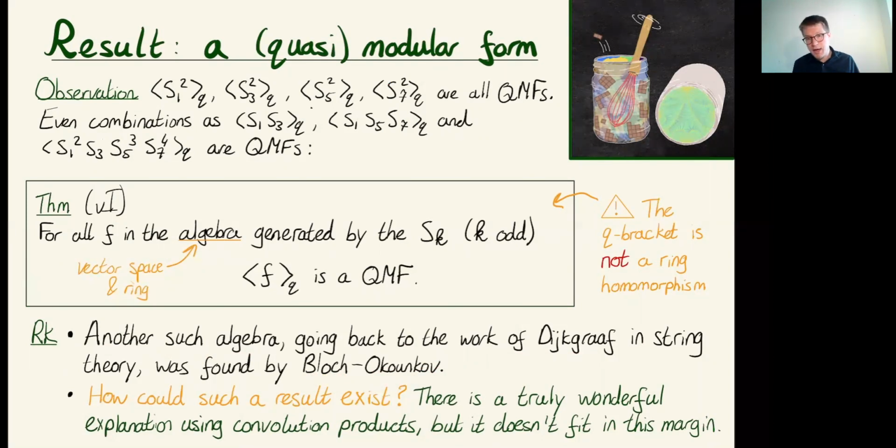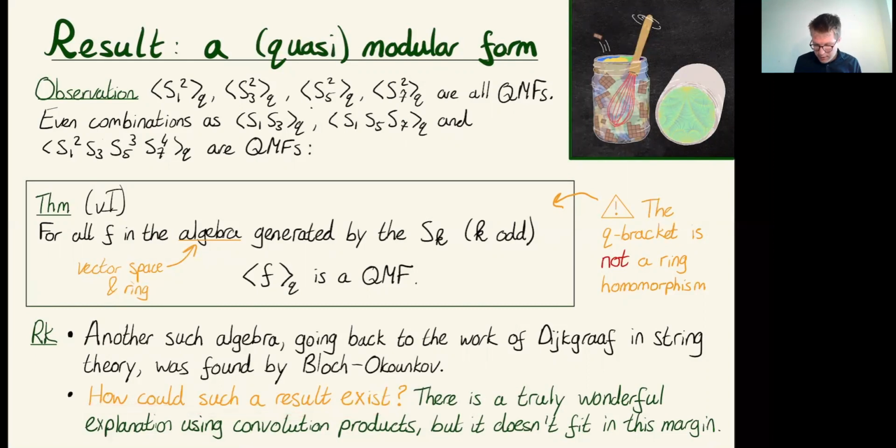So this is very surprising, and it really asks for an explanation of how it can be that although the Q bracket is not a ring homomorphism, you still have that for certain algebras, for all elements in this algebra, the Q bracket is always a quasi-modular form. How can it be that such a result exists?